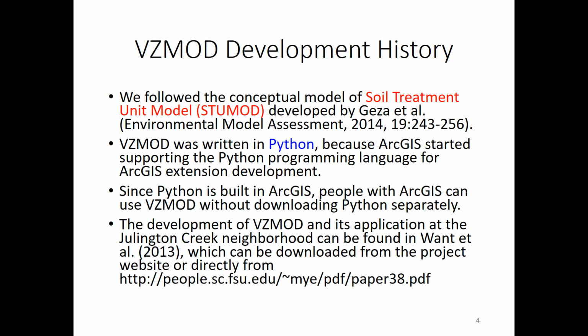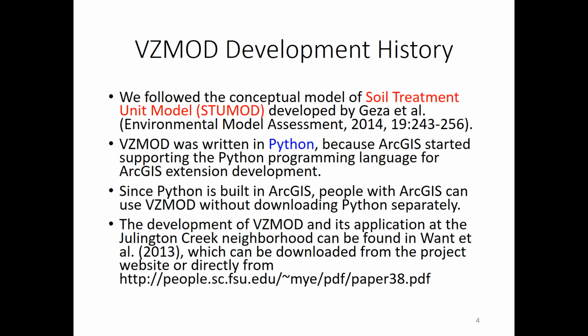So I will use this data set for the demo of the software run. And here's the development history. We developed this software by following a conceptual model called STUMOD, the soil treatment unit model, published in 2004 by the research group of John McCray. We thank those people for developing STUMOD, so that we could follow their conceptual model for our development of VZMOD.